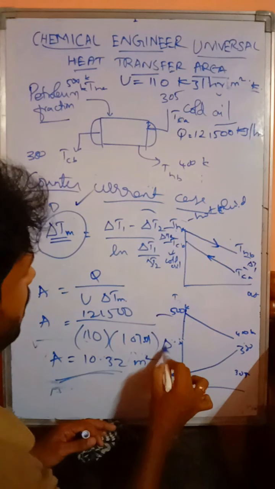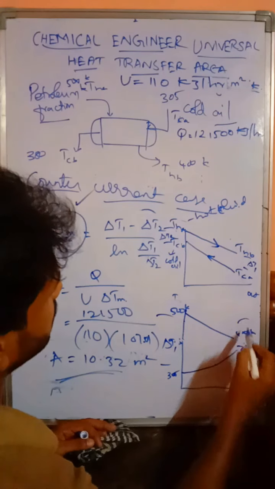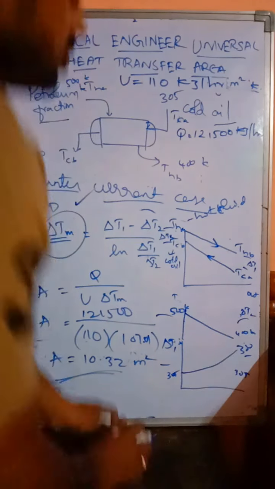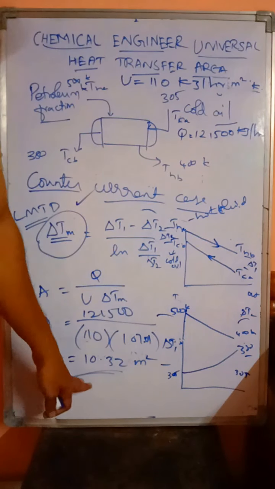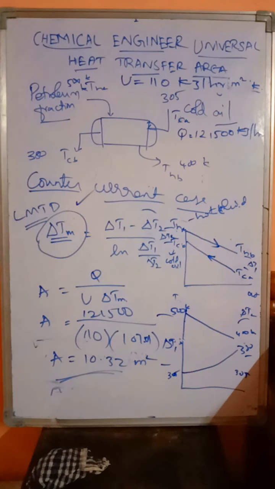These are the approaches, delta T1 and delta T2. Only the delta Tm value will vary, and according to that the area will also vary. Like this you can find out the heat transfer area.